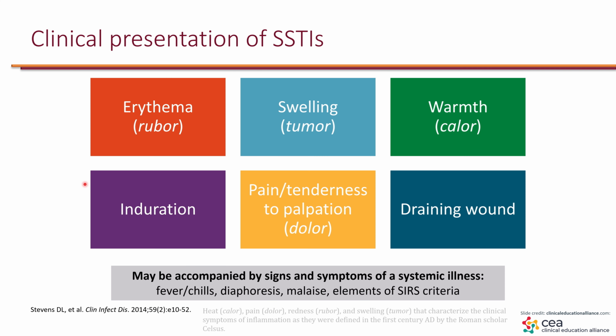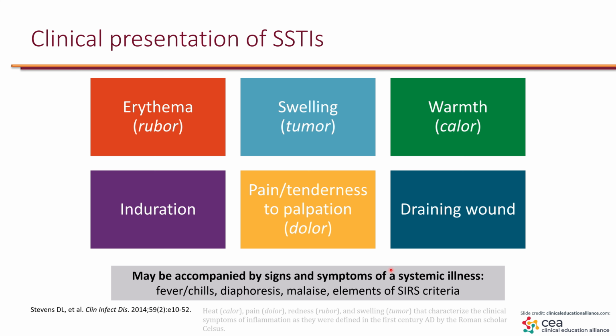So in general, we're not really worried about gram-negatives, anaerobes and yeast. Now, with clinical presentation of skin and soft tissue infections, essentially the hallmarks are erythema, swelling, warmth, induration, pain or tenderness at the site of infection, and for some of them that are purulent, draining possibly coming from the wound.